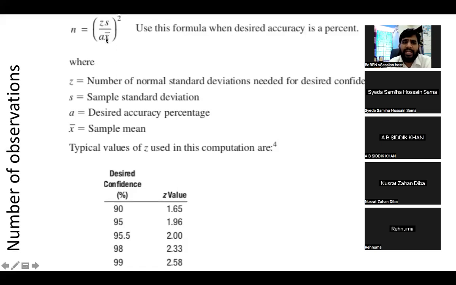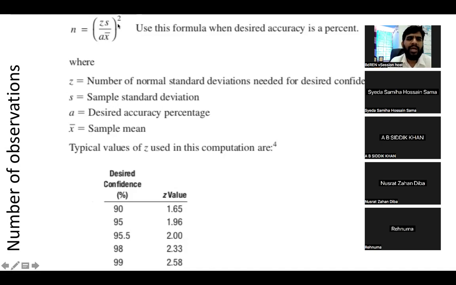Maybe you are expecting that the average standard time will have 10% error. Then A is that 10% of the average.